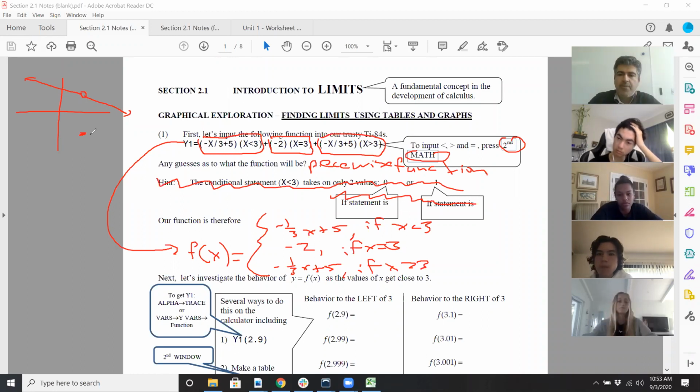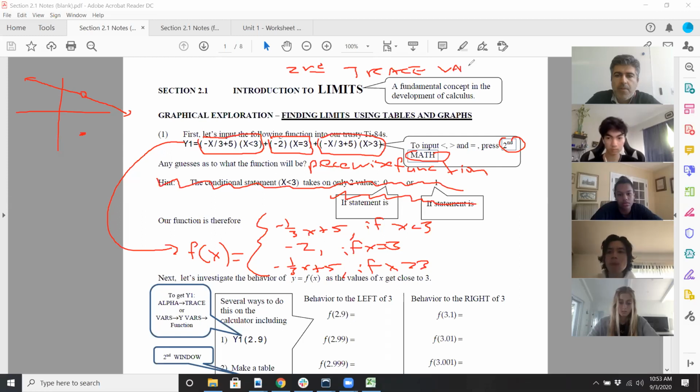So what I did was, in order to show that, I did second trace, value, x equals 3. So that way it shows you where x equals 3 is on the graph. It's not on the line, it's on the point 3, -2, because I told the calculator to do that. You guys told it to do that if you did this correctly. So hopefully we're okay with the graph.